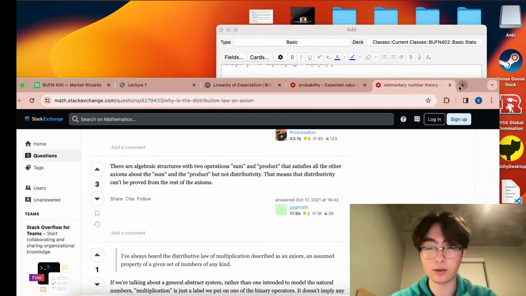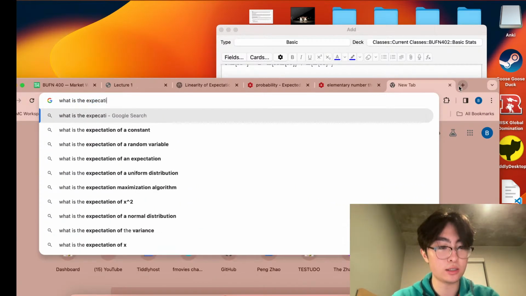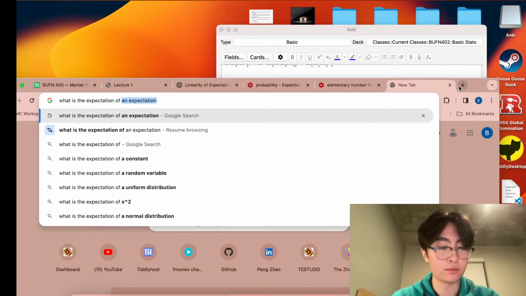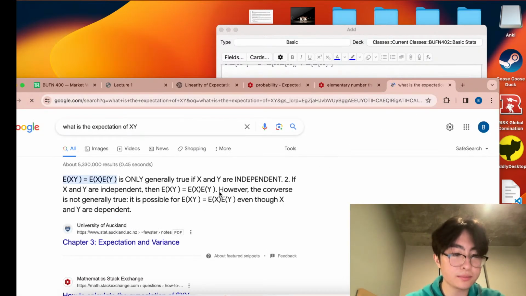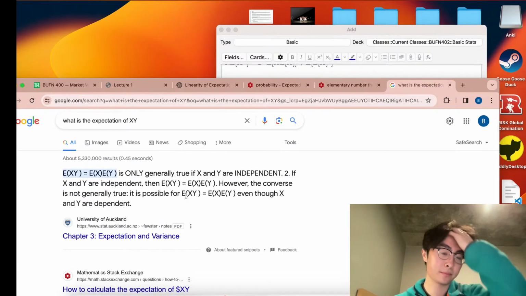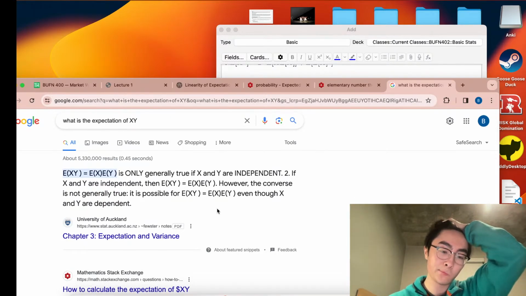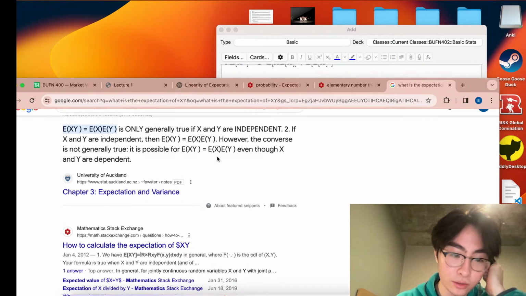So what is the expectation of xy? It's possible for exy to be equal even though x and y differ.